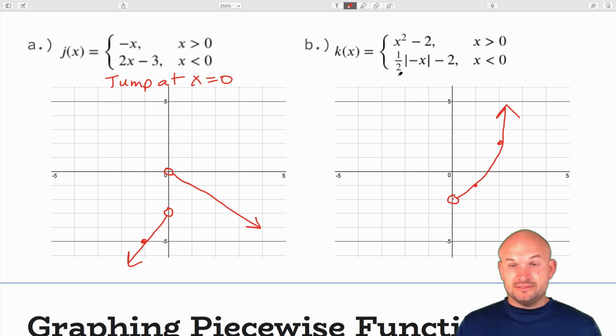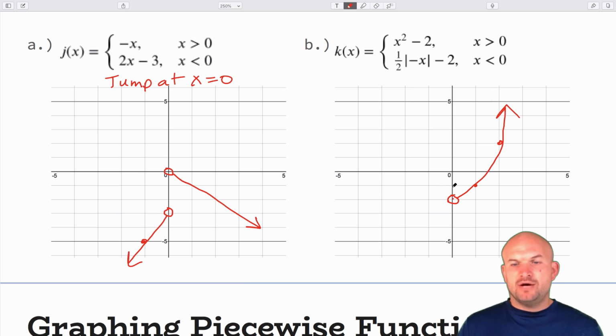And then the next one is an absolute value here at negative 2. Now they have this negative on the inside, but remember guys, the negative on the inside is just a reflection about the y-axis, which is not going to impact my absolute value. In this case, though, I have a 1/2 x, so that kind of changes my slope.